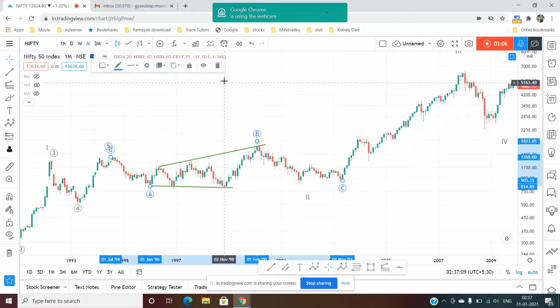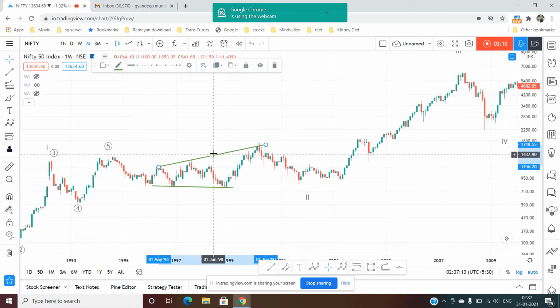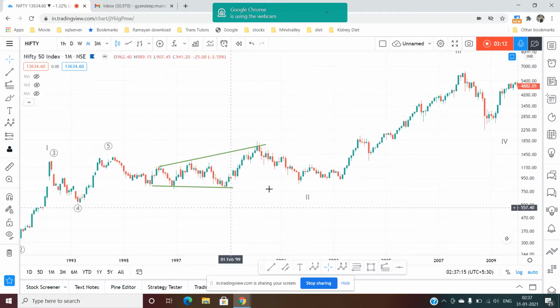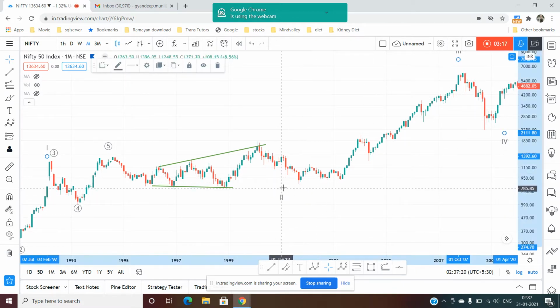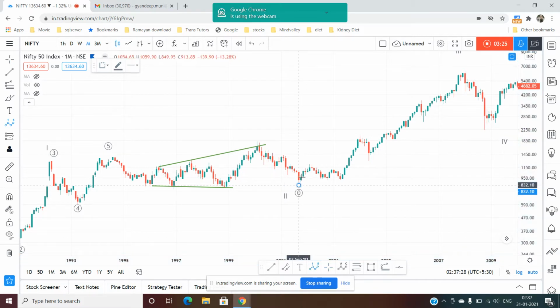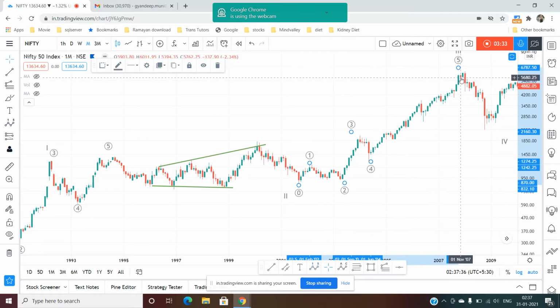So now, as we have defined the first wave very clearly, we'll go and define the third wave from here. The third wave will be defined from here: 1, 2, 3, 4, and this whole is the fifth wave.